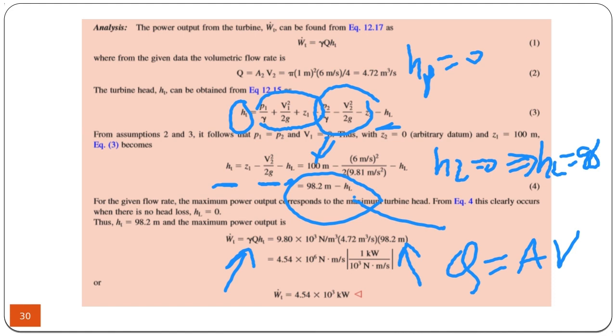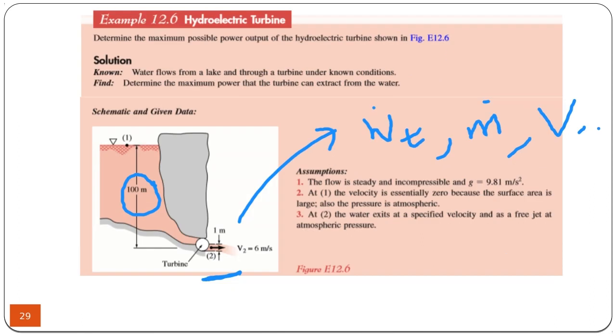What kind of losses can exist here? So we assumed that the losses were 0. But in reality, there are losses. What kind of losses can there be? Losses in the pipes, right? Pipe losses, friction losses.